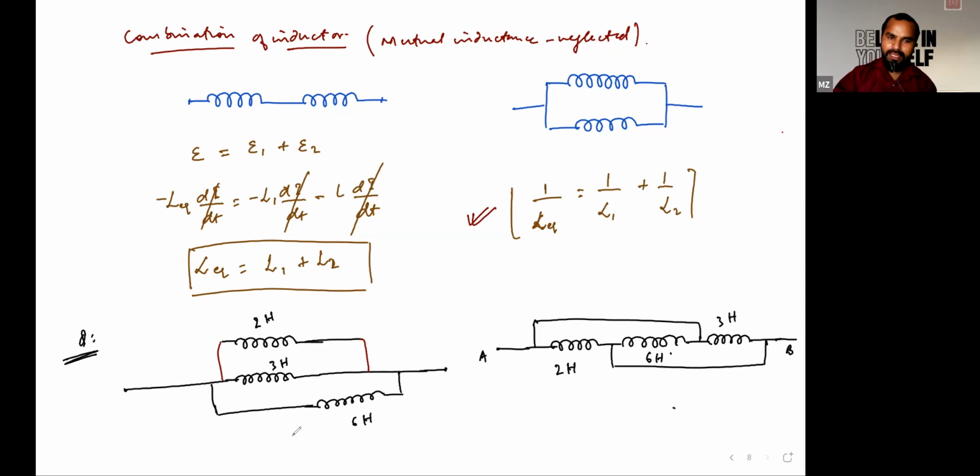The first one is in parallel combination. Good. Try to solve the second one.